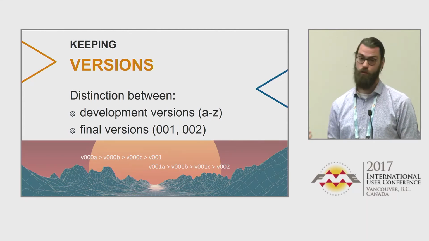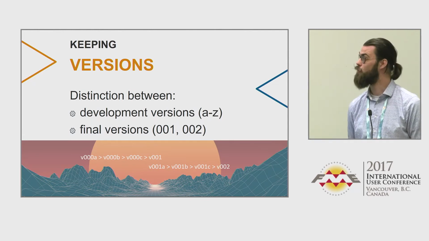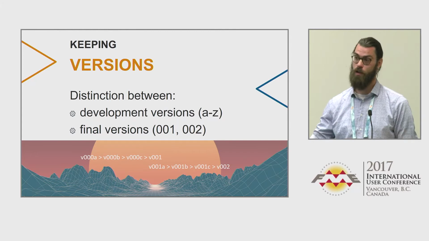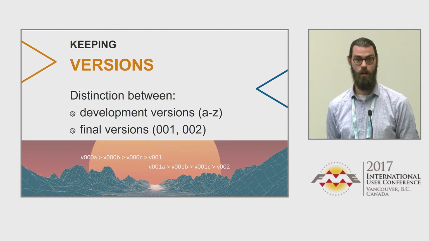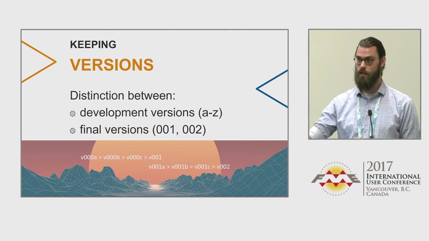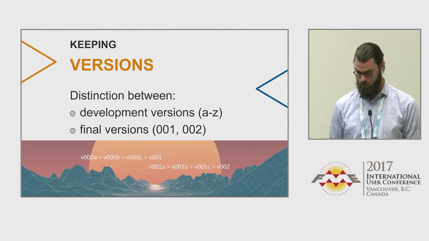And the final versions are the versions released to my clients, or when I think, okay, this thing is really ready for being used in production. So when I look at the file name, when I open my Explorer, I directly see, oh wait, this is a development version and this is a release version.